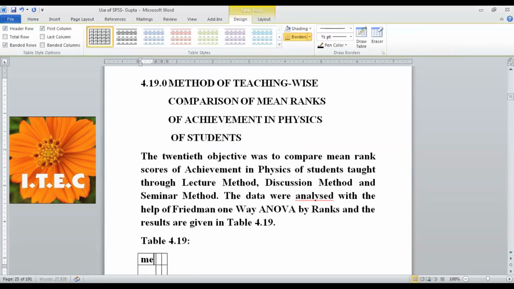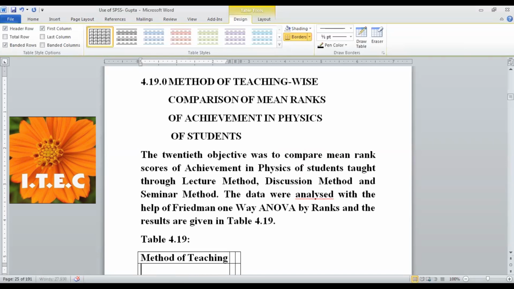So here, method of teaching. Here is lecture method.